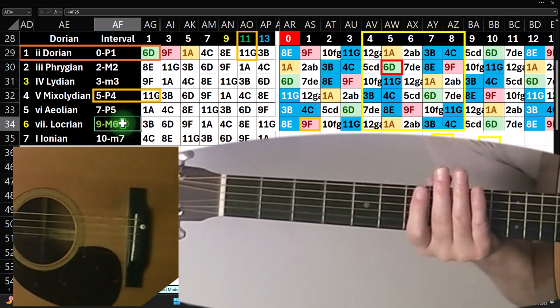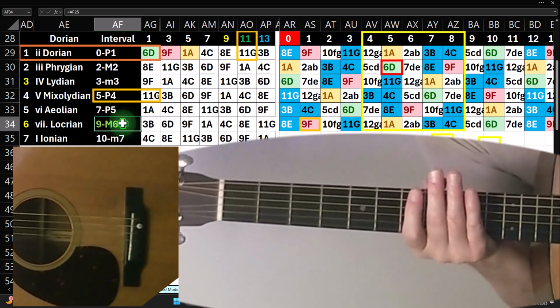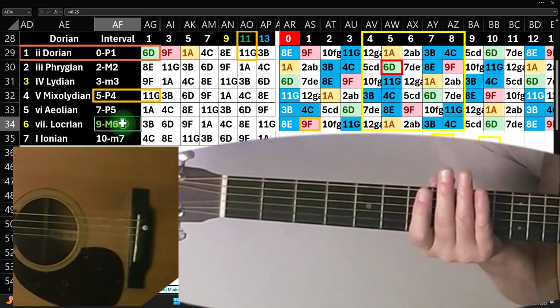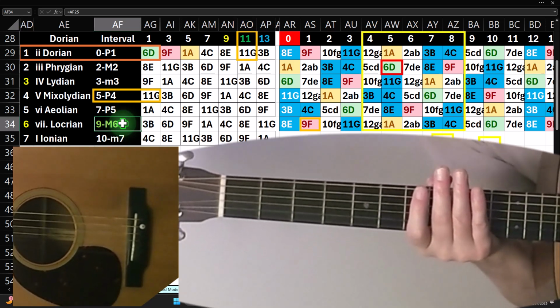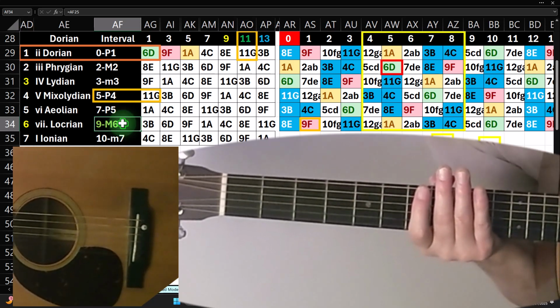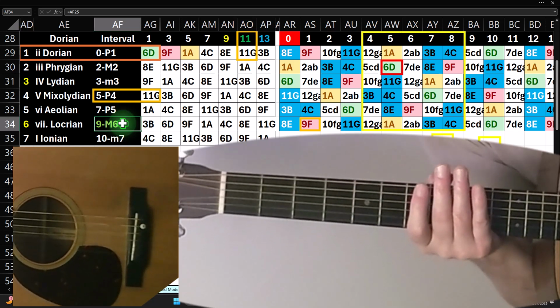And then we've got the 9 note away major sixth, noting that that's actually the same as the major scale, which is weird because this is a minor mode. And if it was the main minor, the Aeolian mode, then it would be an 8 note away minor sixth.